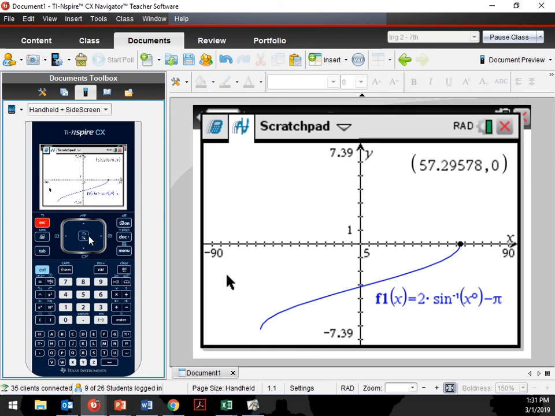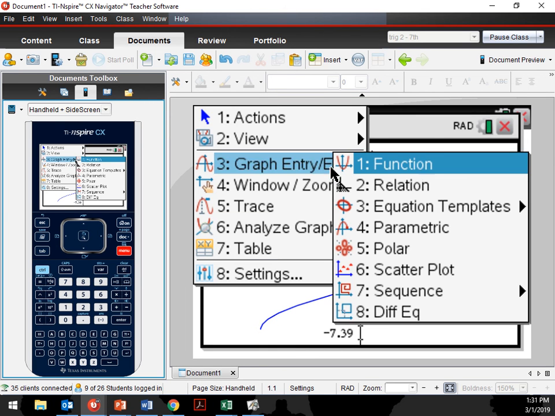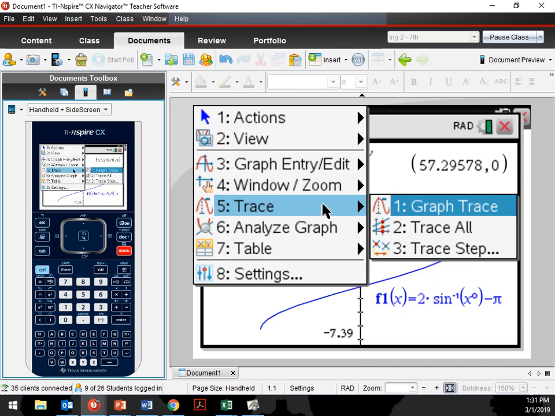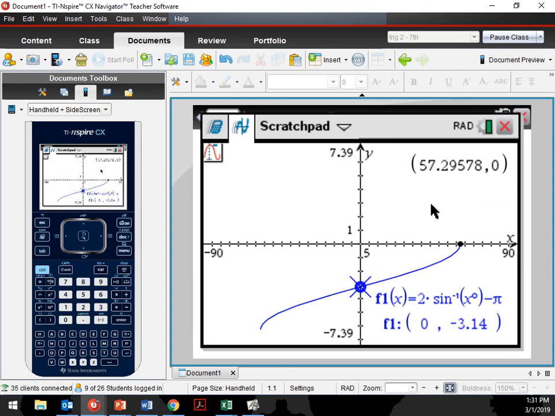I'll show you. Menu. Let's go trace. And enter 0. There's my pi. Now I got negative pi.